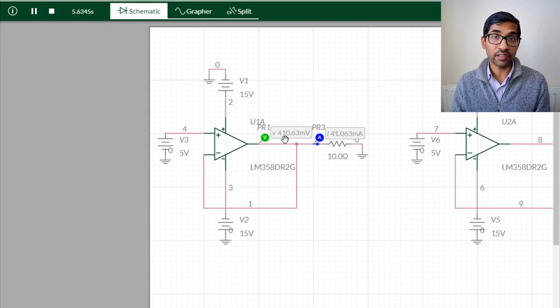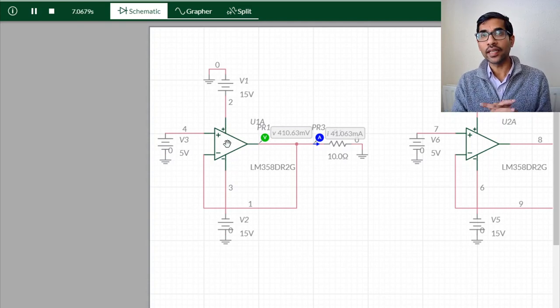In fact, the voltage has dropped down to 410 millivolts, even though it should have been 5 volts. So you can see that this load is now loading the op amp. The op amp is not able to supply enough current. And you know why it doesn't supply enough current, right? You know the idea of output impedance that we talked about already.